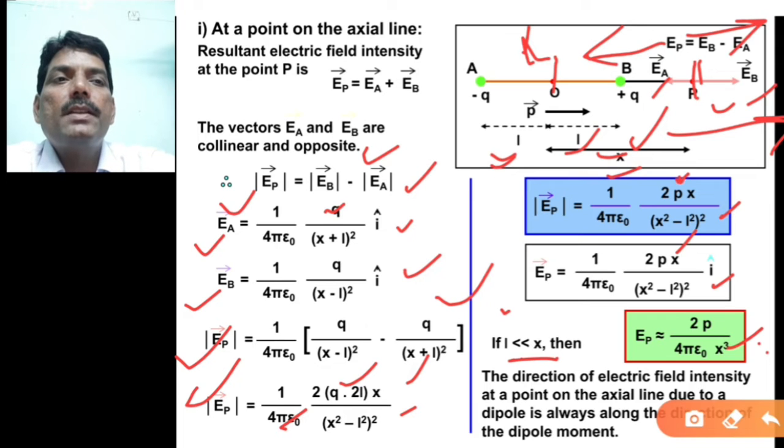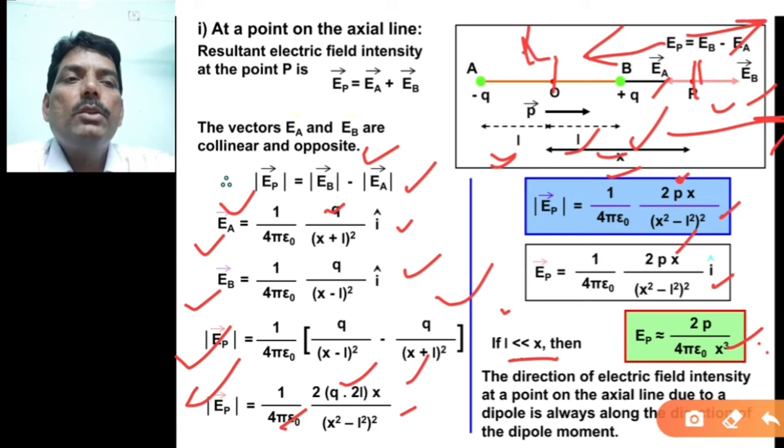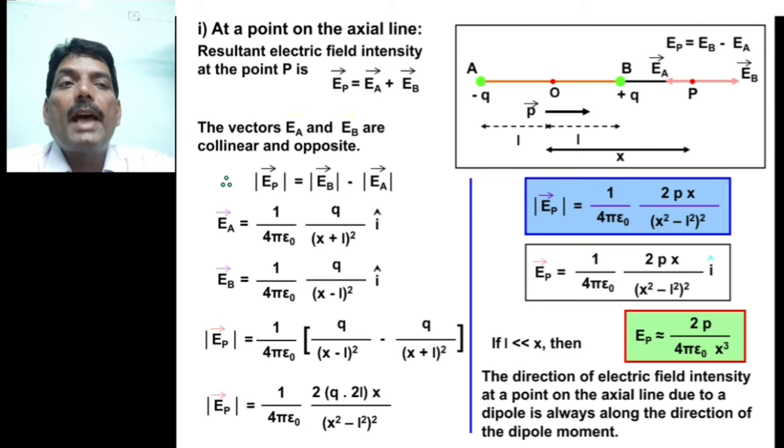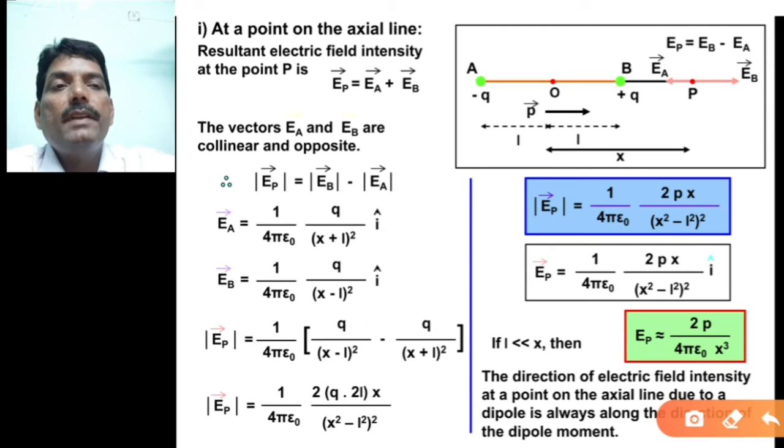Now you see here, x and x to the power 4 will cancel, and therefore you will get x cube. It means that the direction of the electric field intensity at a point on the axial line due to a dipole is always along the direction of the dipole moment. It is very important.